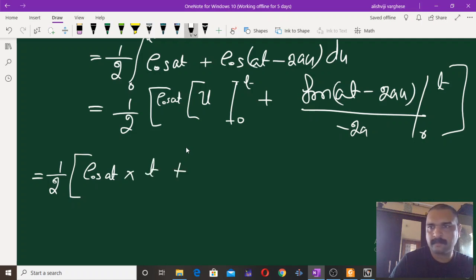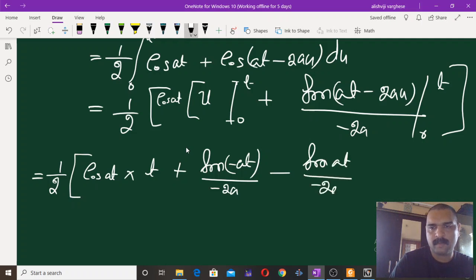Then plus, here the upper bound it is at minus 2at, that is sin of at minus 2at, that is minus at, divided by 2a minus 2a, then minus the lower limit u is equal to 0, so it becomes sin at divided by minus 2.